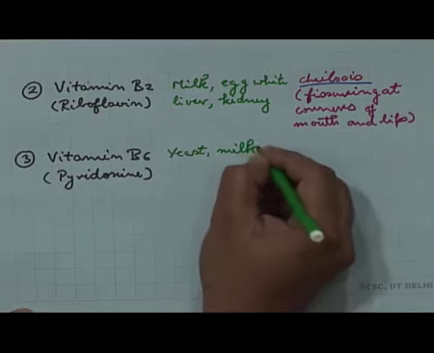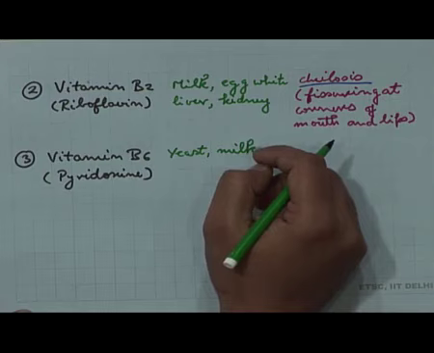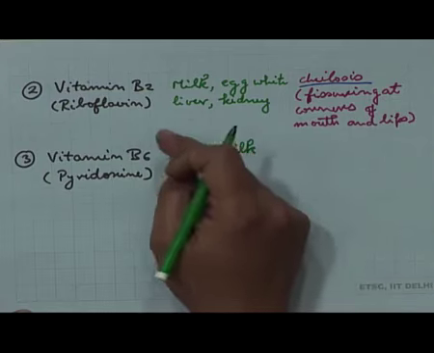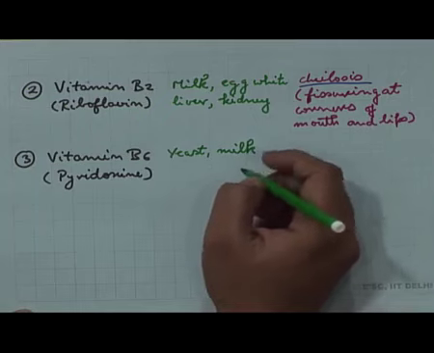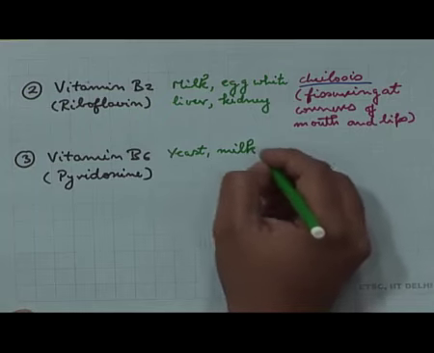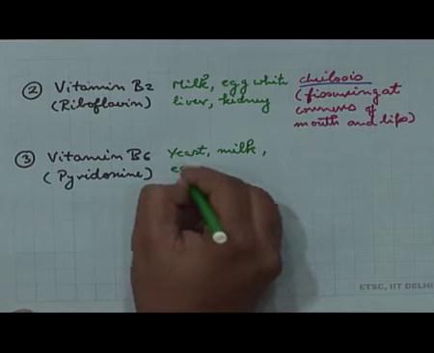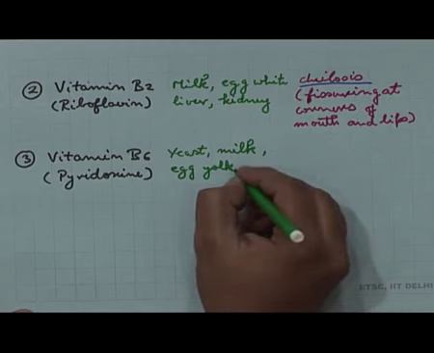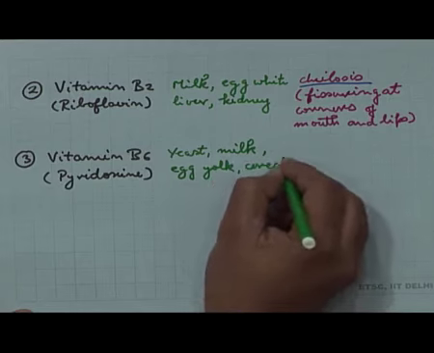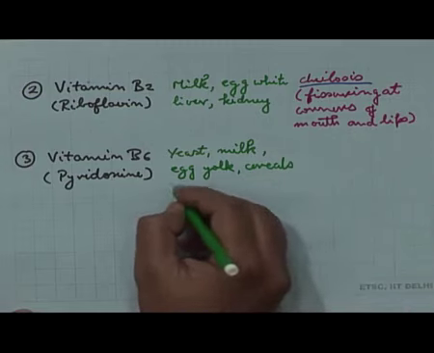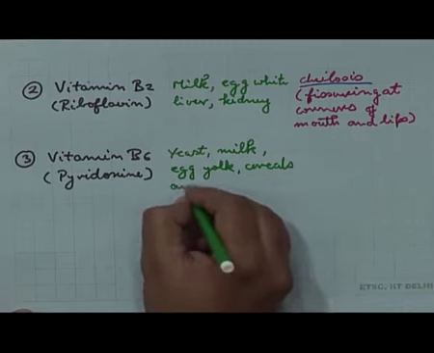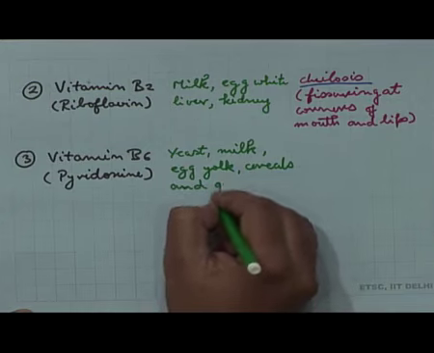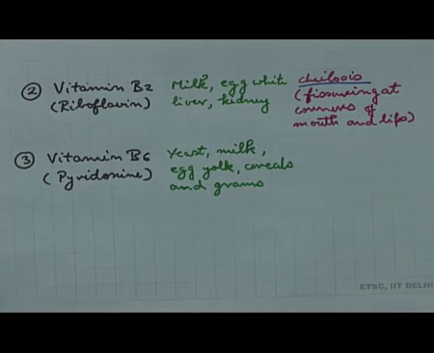Milk is another dietary intake through which you are compensating all three vitamins. So, milk is very important for our dietary intake. Other sources are egg yolk, cereals and grams. And deficiency of vitamin B6 leads to convulsions.